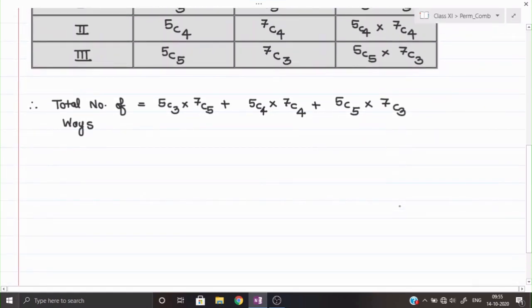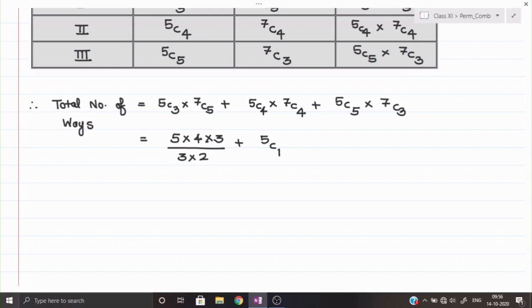First of all I am taking 5C3. If I simplify, 5 I will open up till 3 places, 5 into 4 into 3, and upon it will come factorial 3, that is 3 into 2. Okay, 5C4. It is better we write 5C1, because 5C4 is equal to 5C(5 minus 4), the complementary rule, I hope you remember.